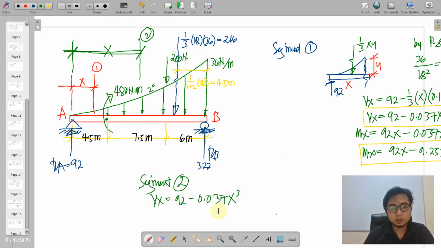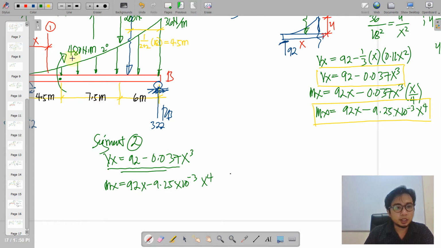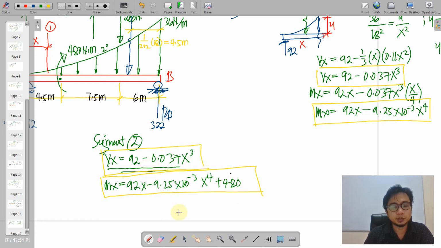We'll just maintain Vx because there is no update so far. And for Mx, we'll just copy that one and then add that 480. So we have this as our equation.